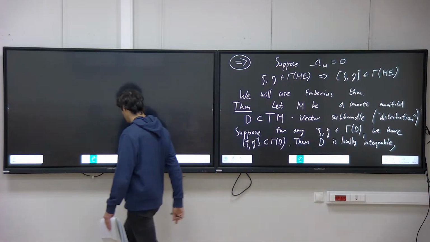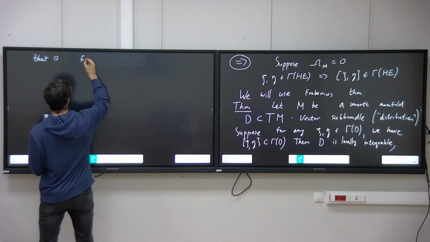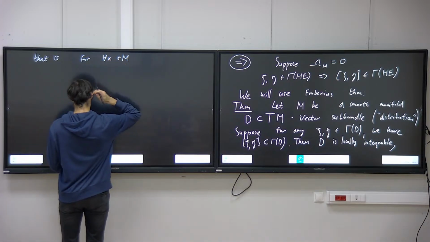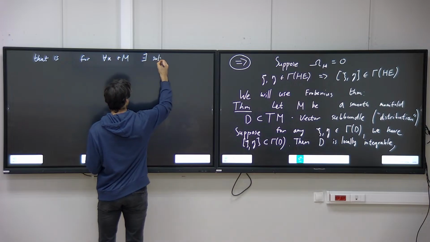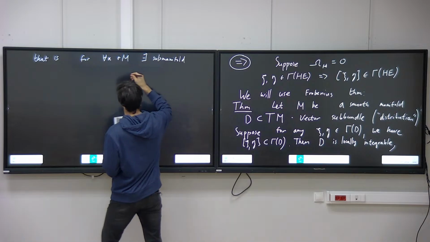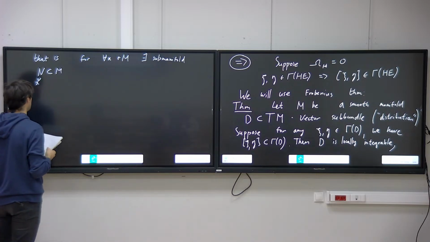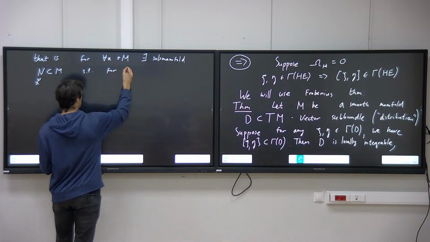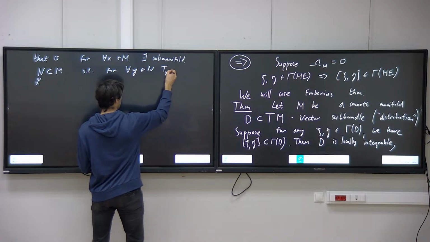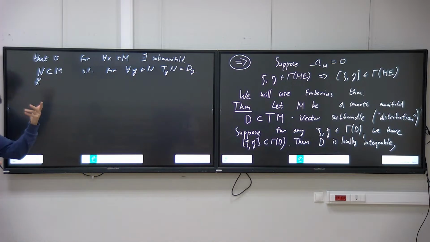So what does that mean? For any x from M, there exists a submanifold N of M, which contains this point, such that for any y in N, T y N is D y. D y is a fiber of D at the point.